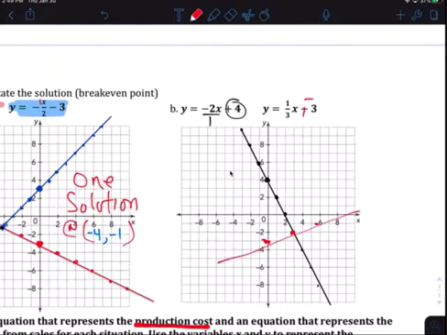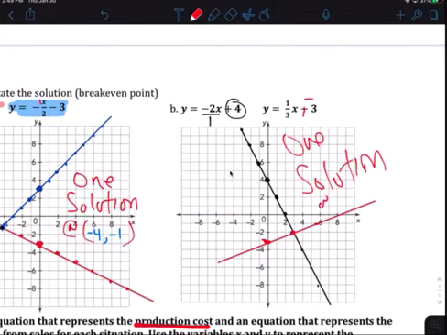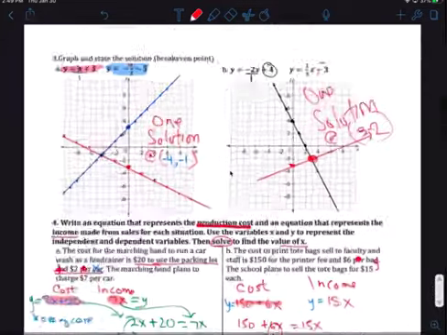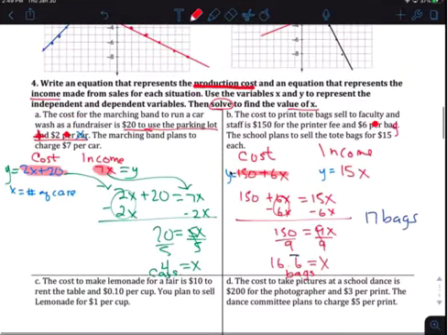Oh, we see our solution. We don't need any more points. The solution is the two lines meet at, you can write that, or you can just say one solution at 3 to -2. That's this point right here. That's the solution. Okay, we did this in class.